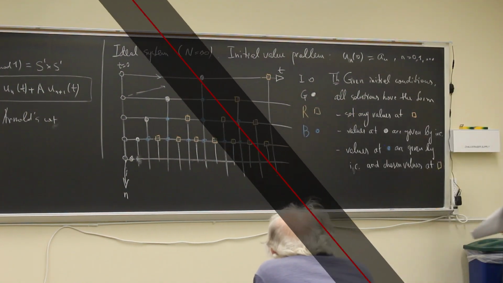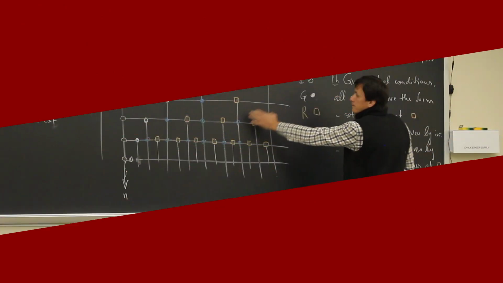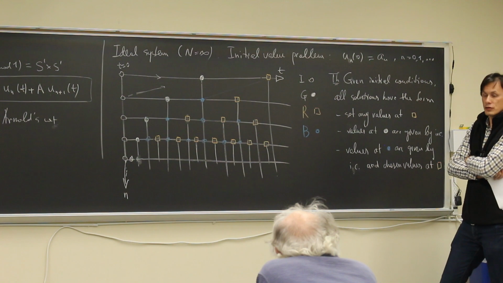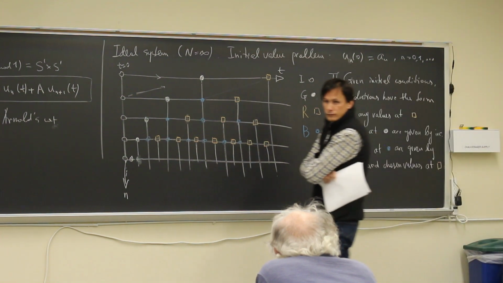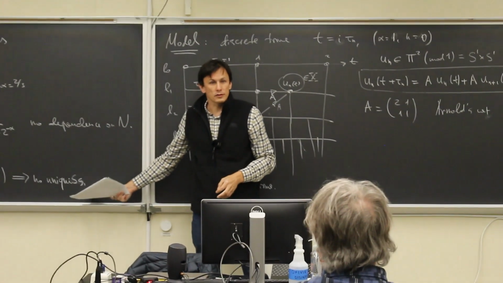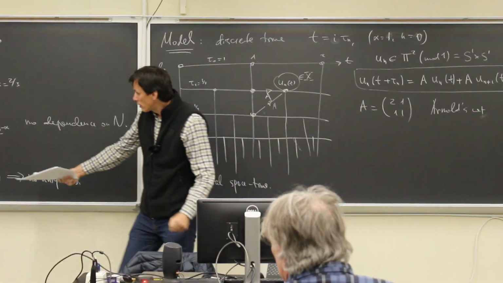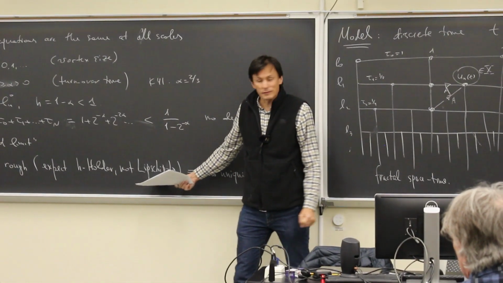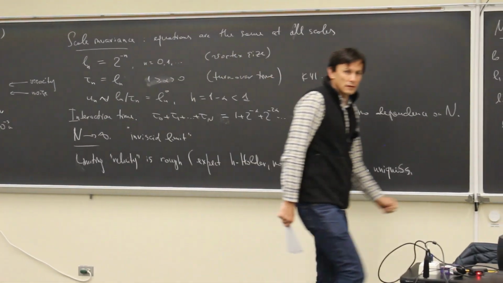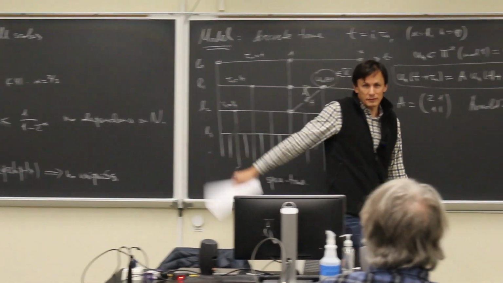So what I want to say is that we can find all solutions, and there is a huge number of them. The initial conditions do not define the solution uniquely, which we already anticipated from the Hölder continuity, compared with ODEs.